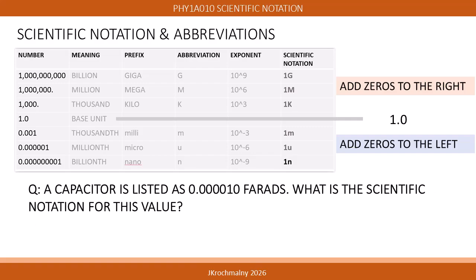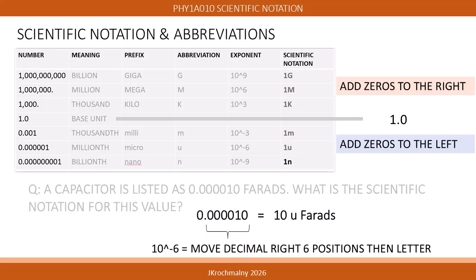A capacitor is an electrical component that stores electrical energy. A capacitor is listed as 0.00001 farads. What is the scientific notation for this value? In this case, we're dealing with a value of less than 1. Notice that the micro prefix is associated with the scientific notation of 10 to the negative 6 power.